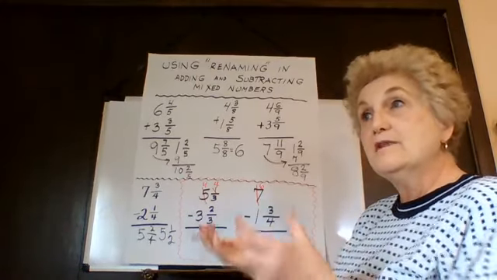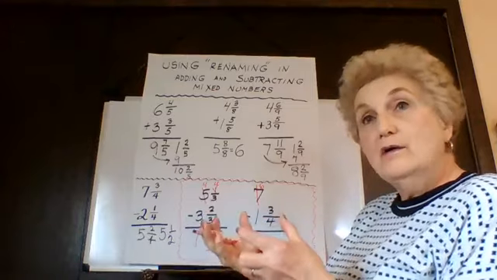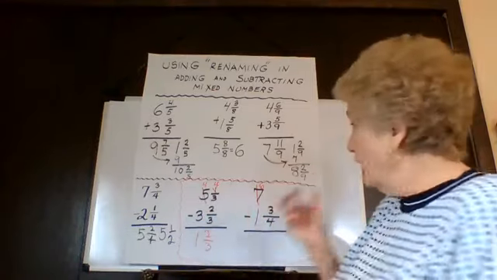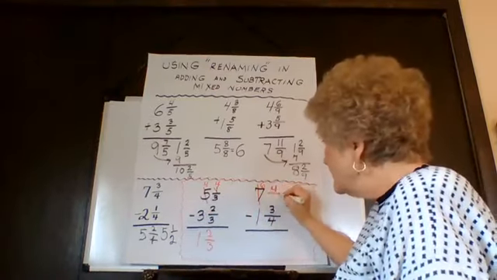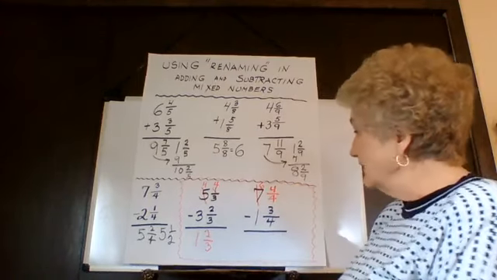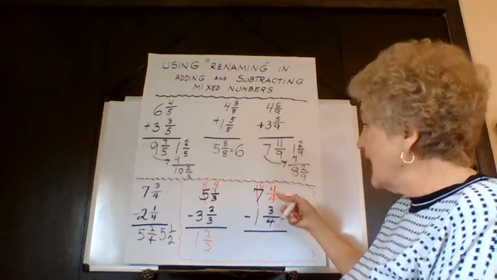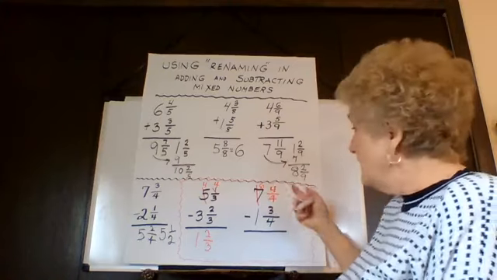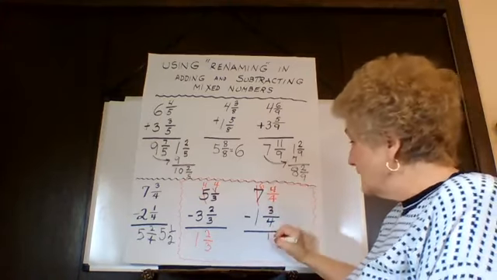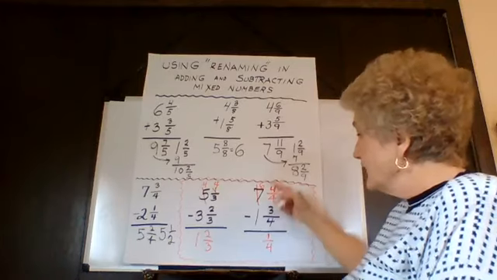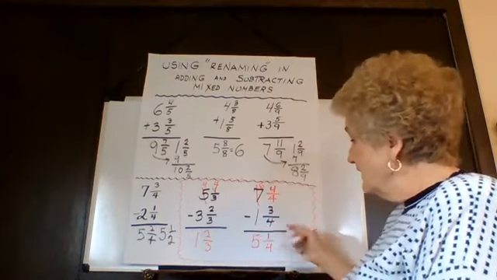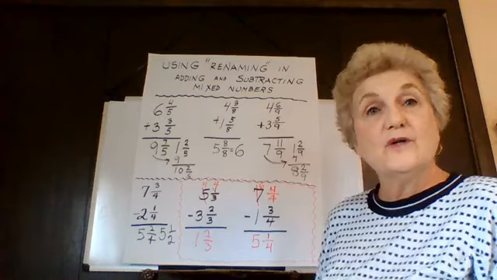So I want to use the fractional 4 over 4 as my whole to borrow from. So this becomes 4 over 4. You see that? 6 and 4/4 is the same thing as 7 all by itself. Now I can subtract. 4 minus 3 is 1/4. 6 minus 1 is 5. Can't reduce either of those, so we're done.